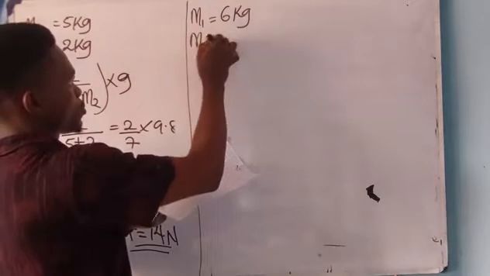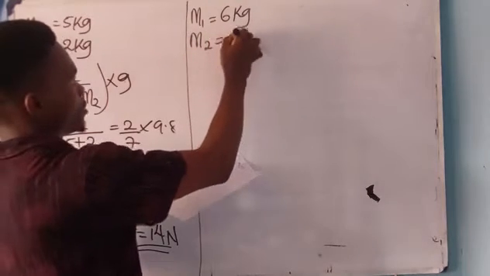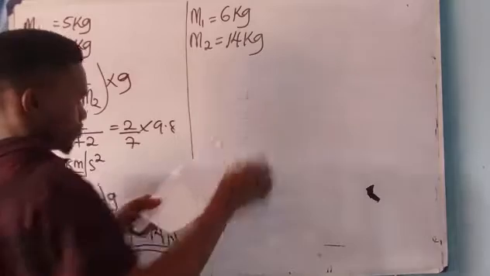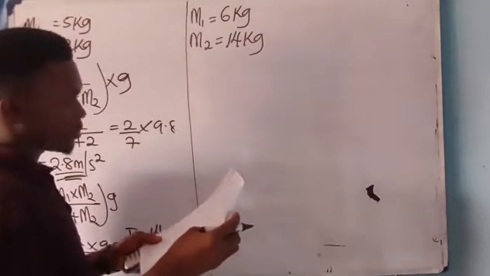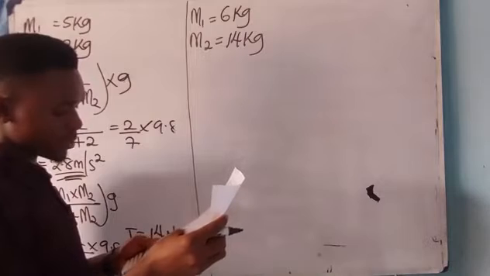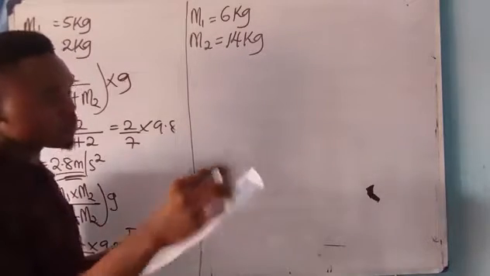Then M2, 14 kg. Two particles of mass 6 kg and 14 kg are connected by a light string passing over a smooth pulley.